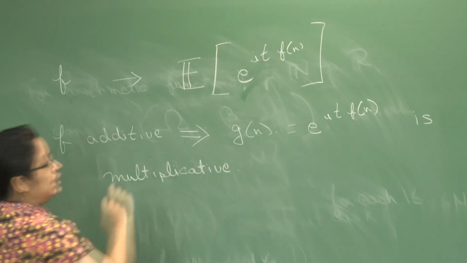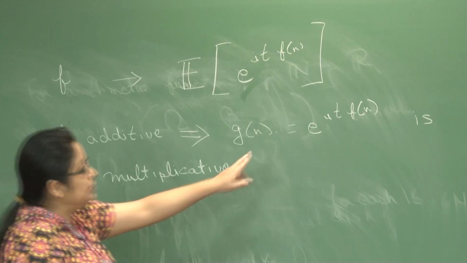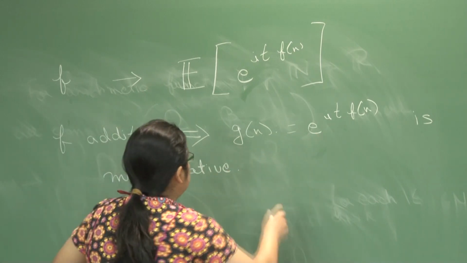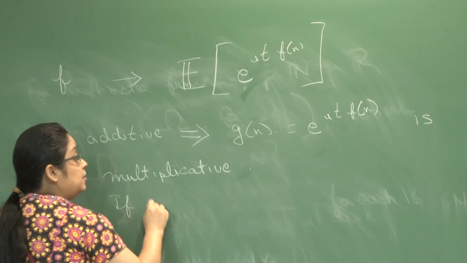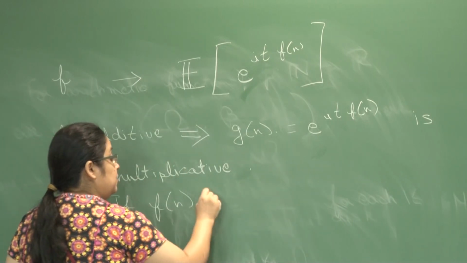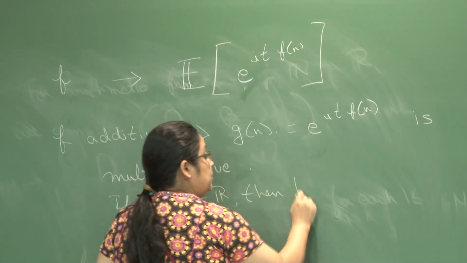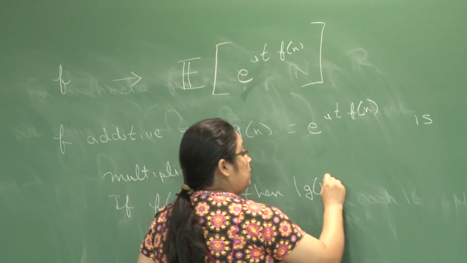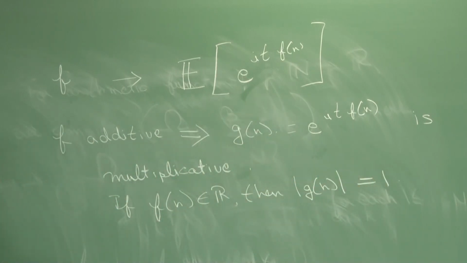And if your function f is taking values on the real line, then clearly the absolute value is exactly equal to 1, right?